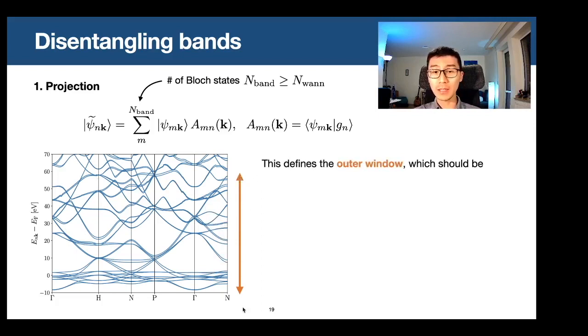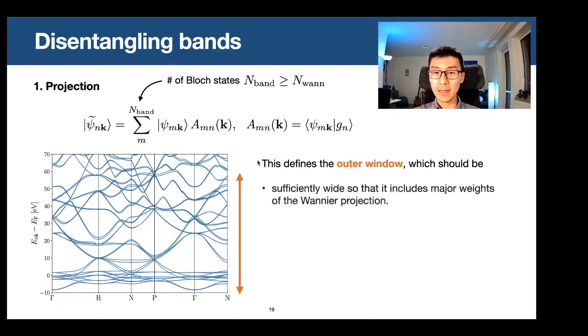The outer window is basically the energy range covered by these Bloch states, and there are some criteria to consider. The first thing is that this window has to be wide so that it includes the major weights of the Wannier projection that you are using. For example, if you are projecting S, P, and D as the initial projection, S, P, and D character should be included in this energy window.